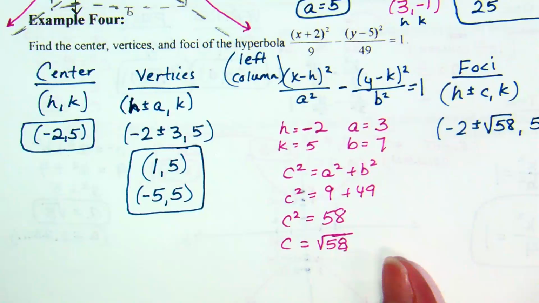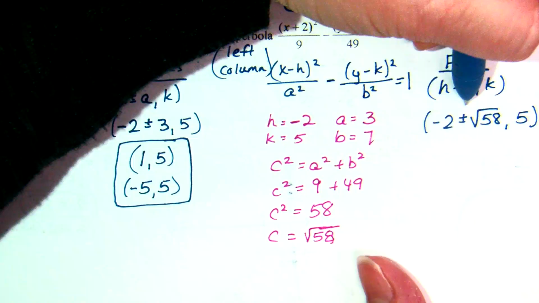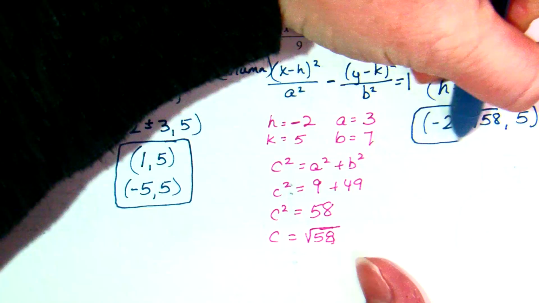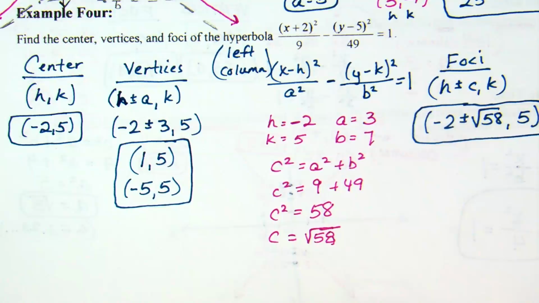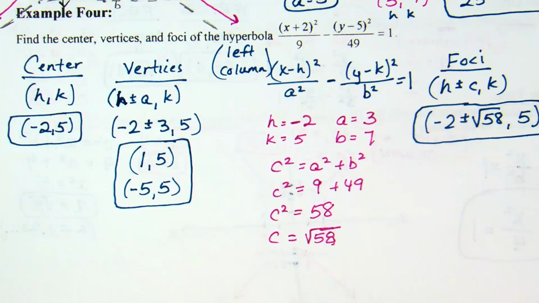And yes, you can leave it like that. The only time you'd need the decimal is if we were graphing it, because I don't know what negative 2 plus the square root of 58 looks like on a graph unless I figure out the decimals.